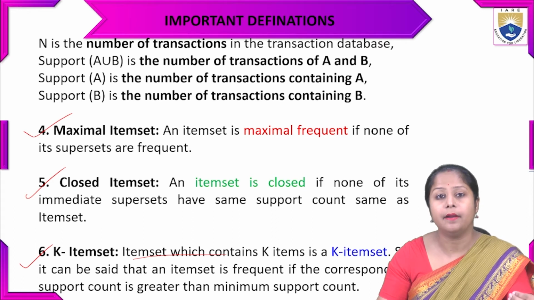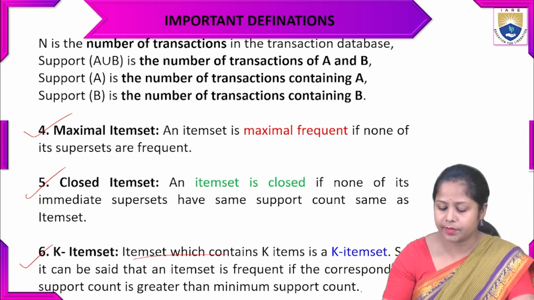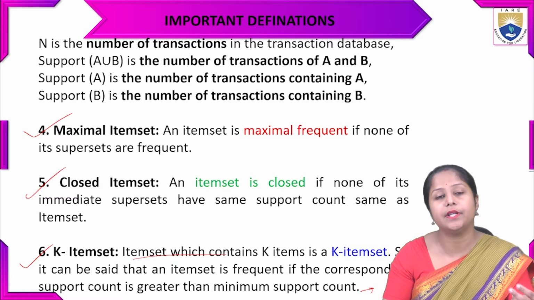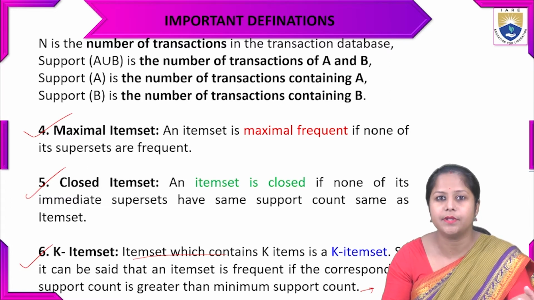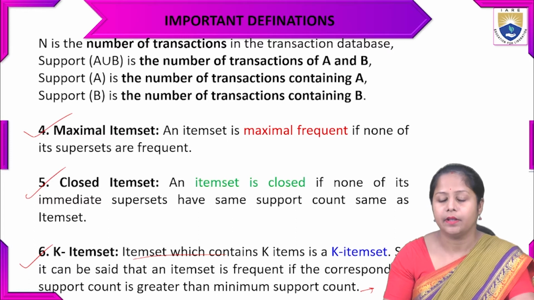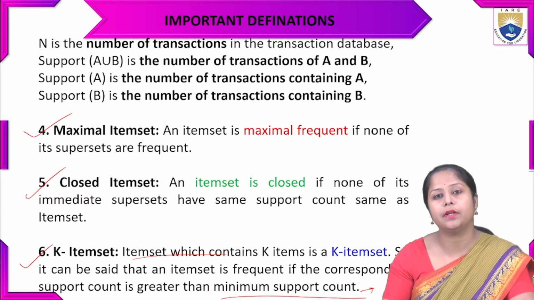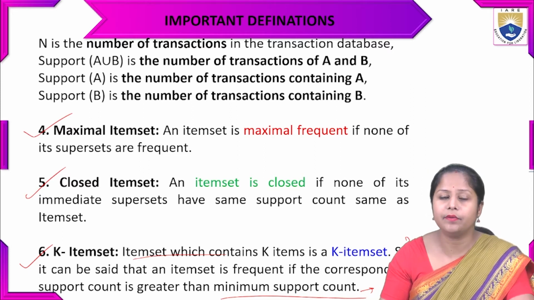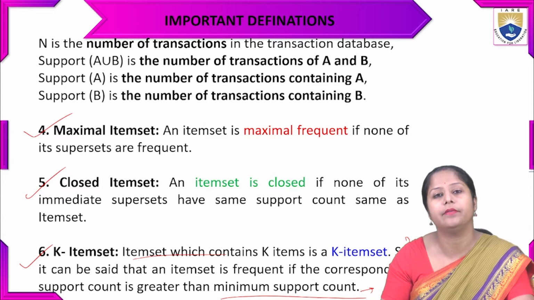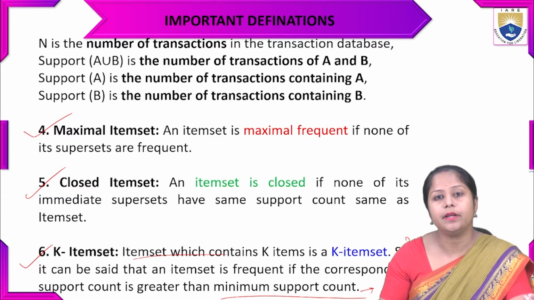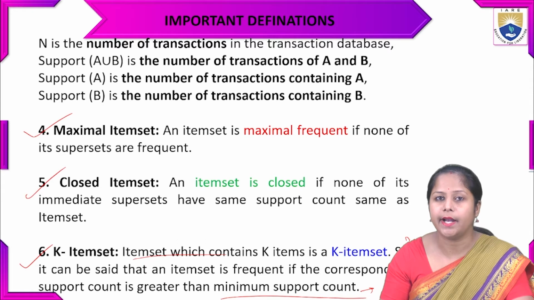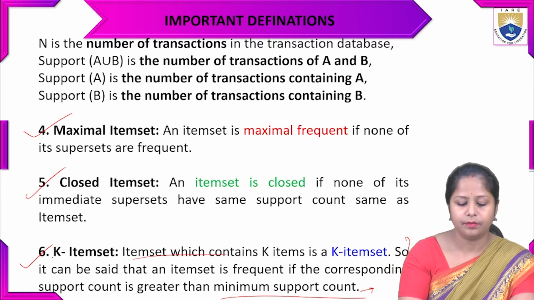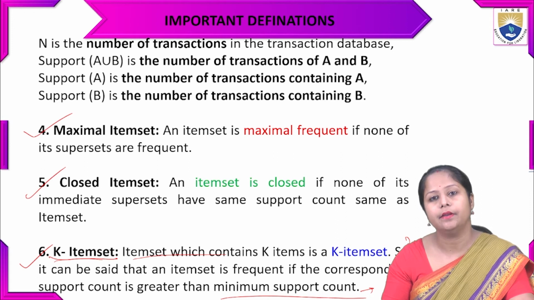To generate any type of frequent item set, we have to set a minimum support count for the whole of the item set. If the support is greater than the minimum support count we have set, then it is a frequent item set of K items, right?